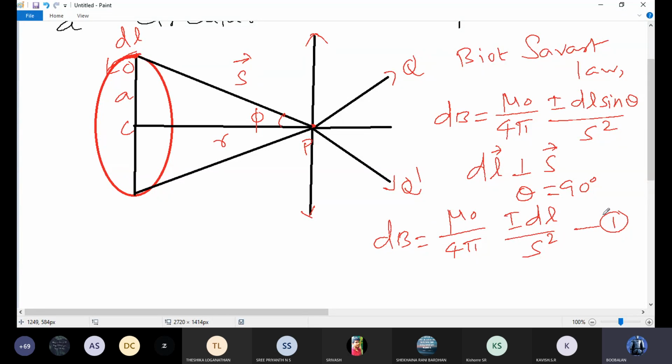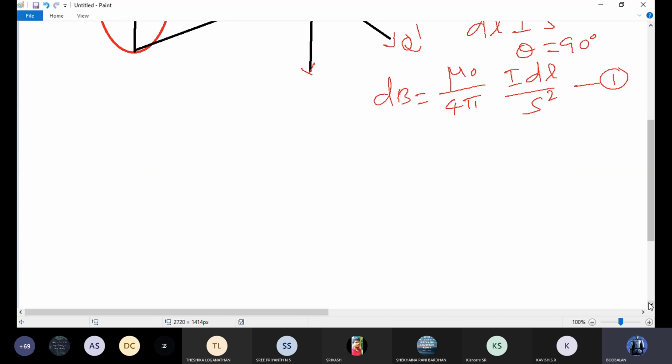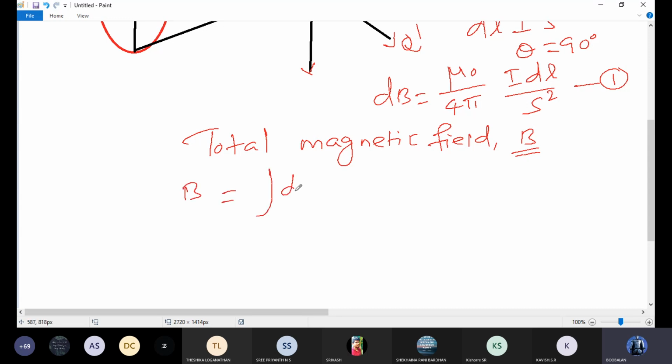Now we want to find the total magnetic field at the point P. So B equals the integral of dB sin phi. The dB value is mu naught by 4 pi, I dl by S square.